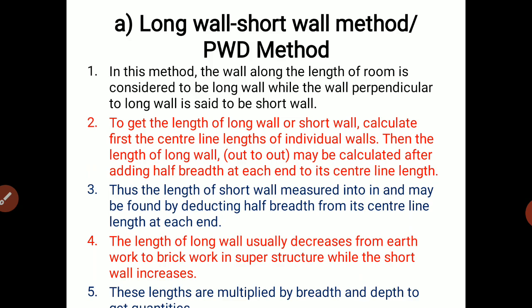Now we get the length, then we multiply with the width and depth or height to get the quantity in cubic meter or square meter, whatever. For length purposes we first calculate the center to center distance, and for the long wall we add one thickness of the wall, and for the short wall we subtract one thickness of the wall.